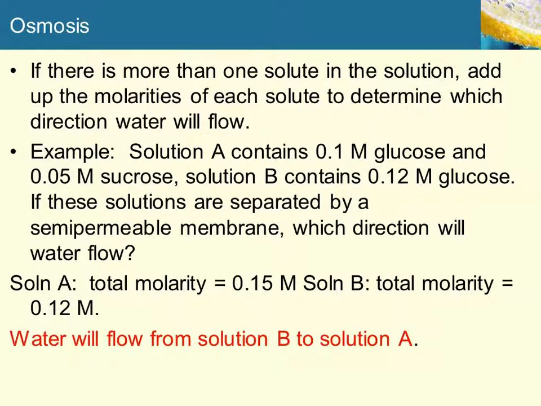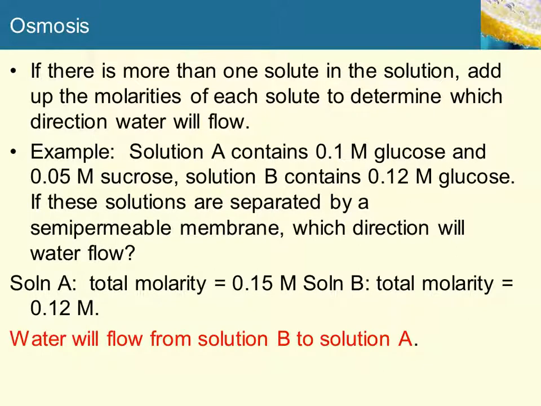And solution B contains 0.12 molar glucose. If they are separated by a semi-permeable membrane, which means that substances can pass through if they're small enough, we want to know which direction the water will flow. As we said, A has a total molarity of 0.15, B a total molarity of 0.12. So it's going to flow from 0.12 to 0.15. Why?